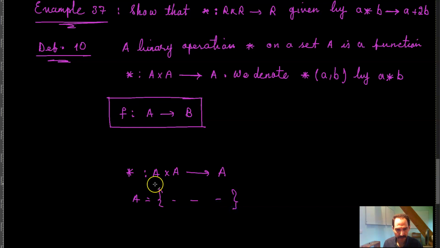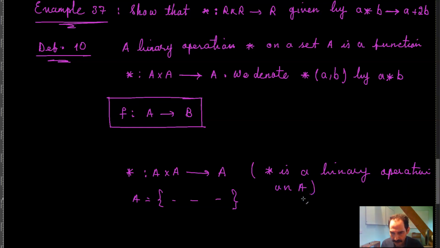You take the Cartesian product of A and put it over here, and then A itself comes over here. Depending on what this star is, this becomes a function or does not. If, depending on the set and the operation you have here, this becomes a function, then you can say that star is a binary operation on A, right?